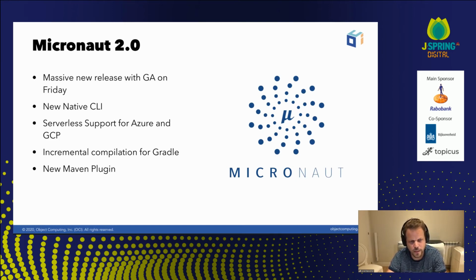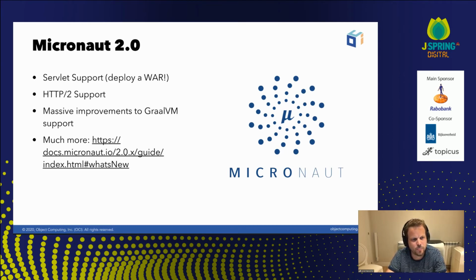We've added incremental compilation support for Gradle so that you can compile as fast as you would without Micronaut, incrementally. We have a brand new Maven plugin for Maven users. We have support for servlets, so you can go traditional and deploy a WAR file. In the Netty support, we've added support for HTTP2.